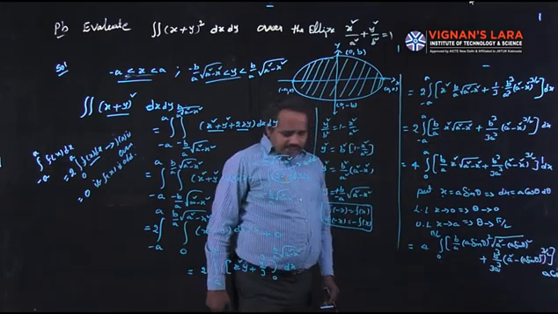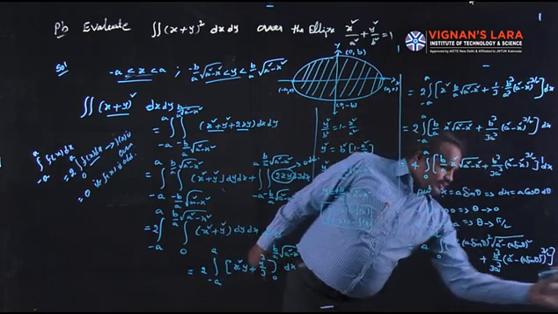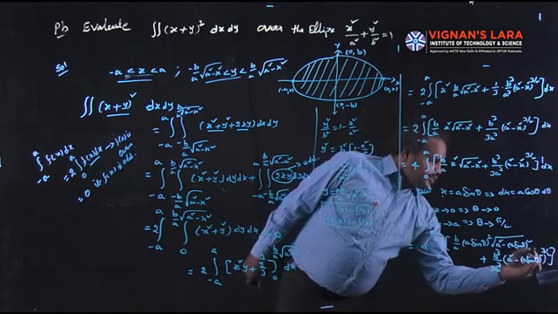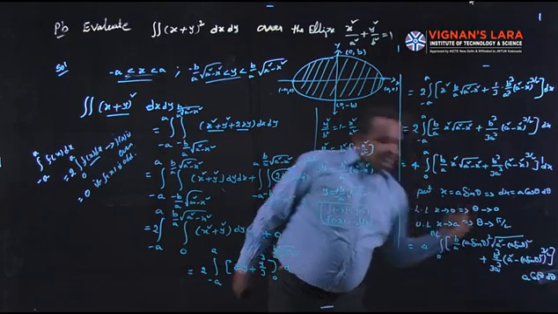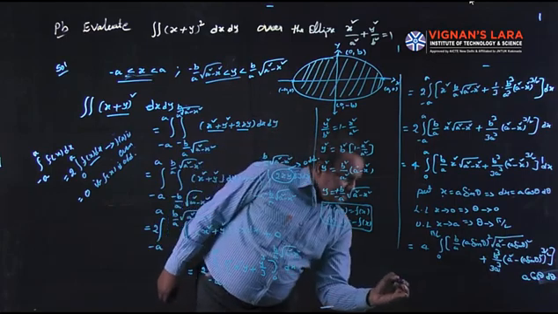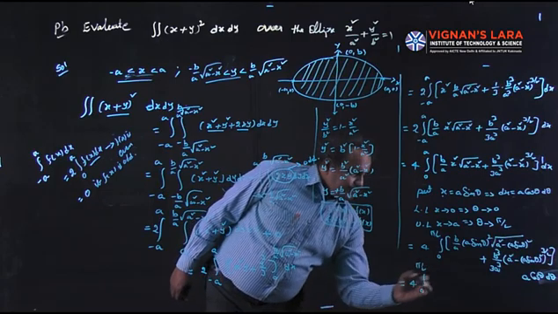So this one is a cos theta d theta, which is equal to 4 into integral 0 to pi by 2.